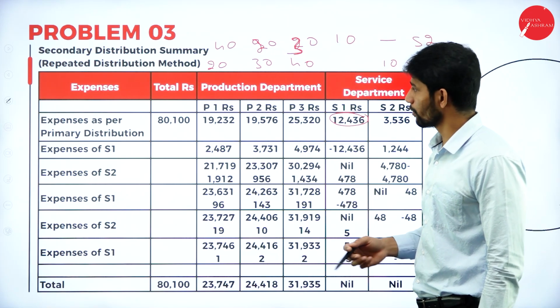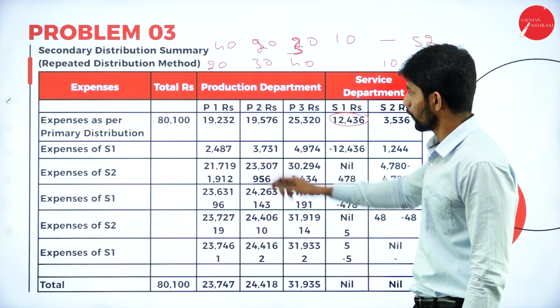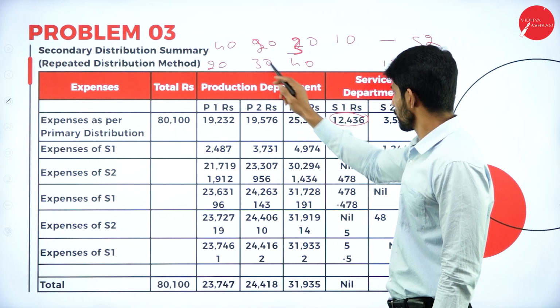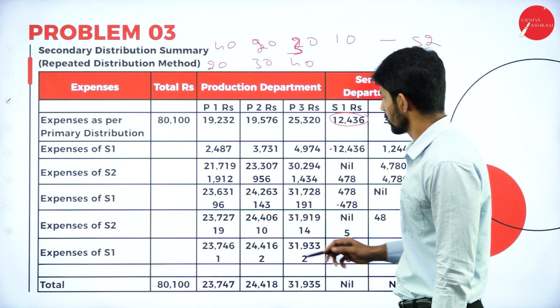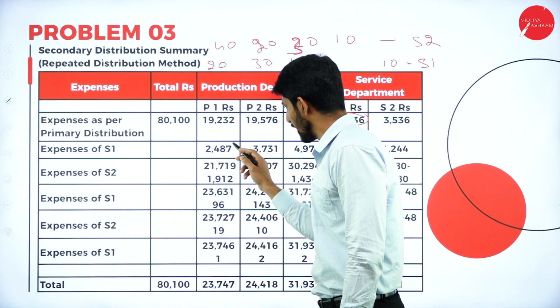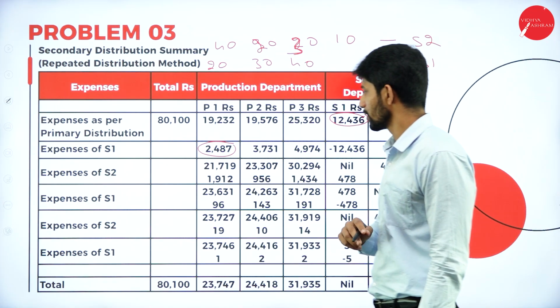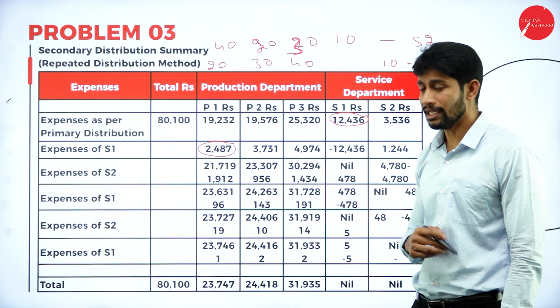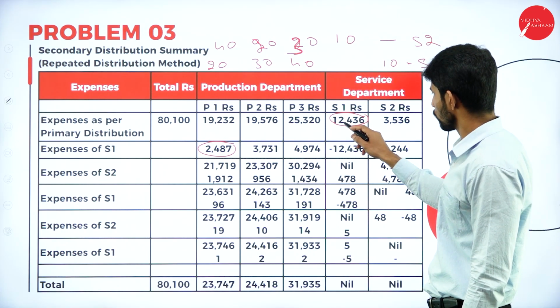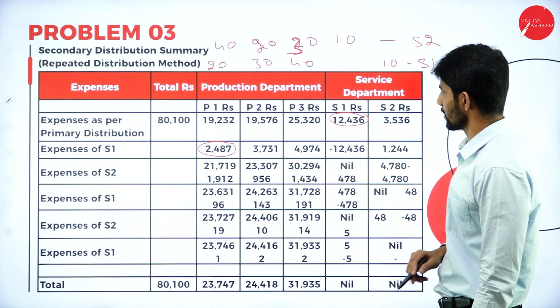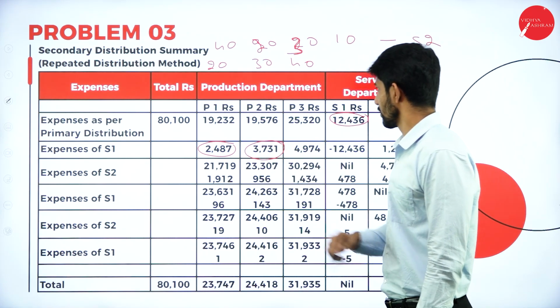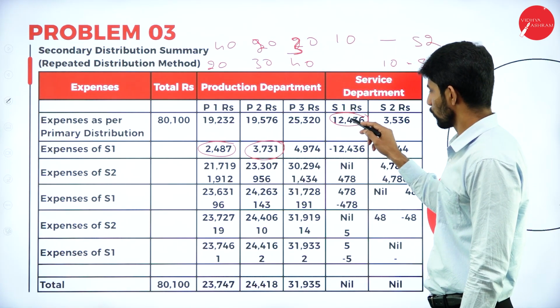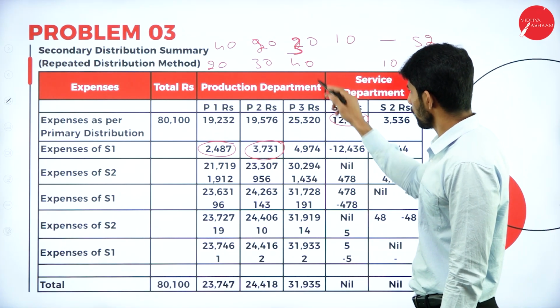So how to distribute? Based on the percentage. For production department 1, compute 20% on 12,436. You will get 2,487. Next, on this 12,436, give 30%. You will get 3,731. Next, again from 12,436, give 40%.